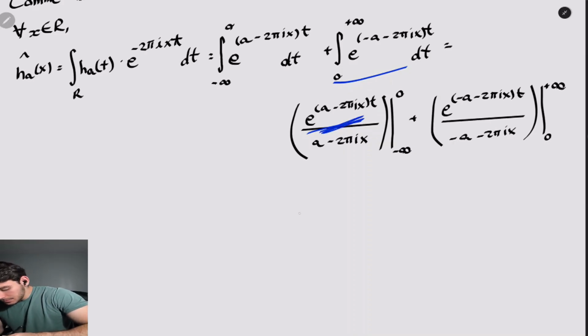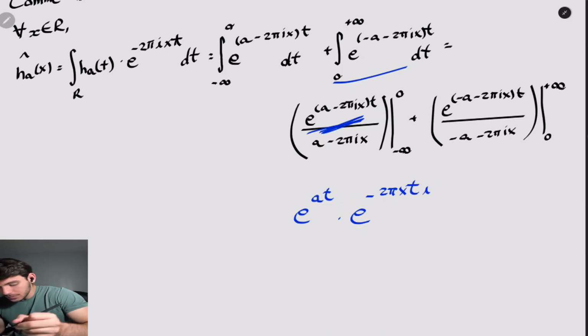This is the same as exponential of a t times exponential of minus 2 pi x t I. Okay, I've just written it as a product, but it's the same thing. We just sum the powers when the base is the same. So I've just written the numerator in a different way.